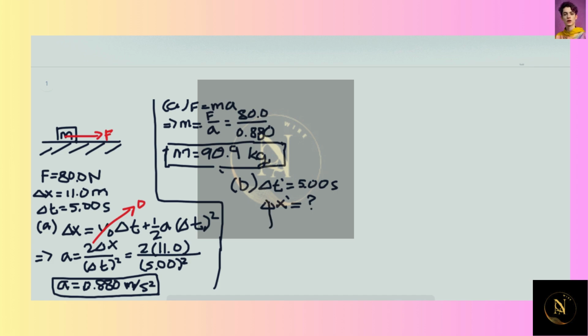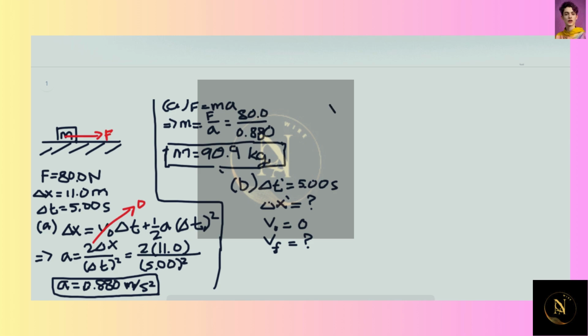So just to be really explicit about the information that was given to us in the previous part of the question. Remember the initial velocity we said was equal to 0. And the final velocity is something we're going to have to solve for first in order to figure out what that second distance was.